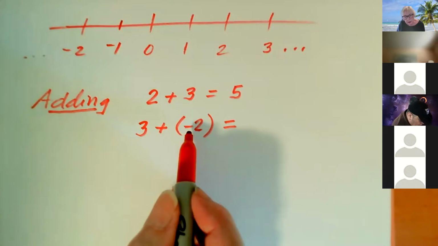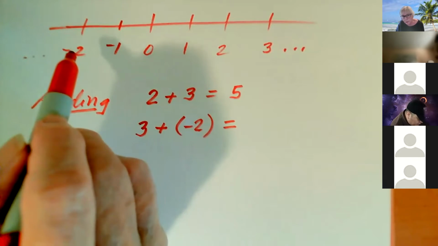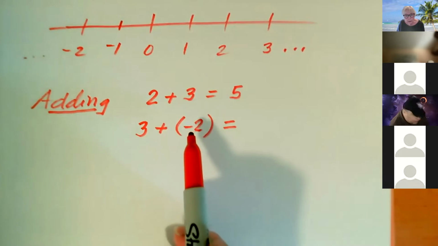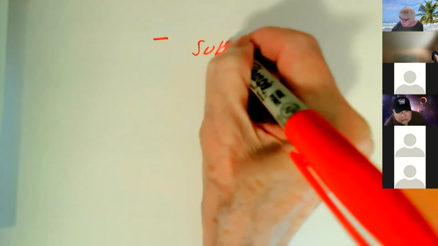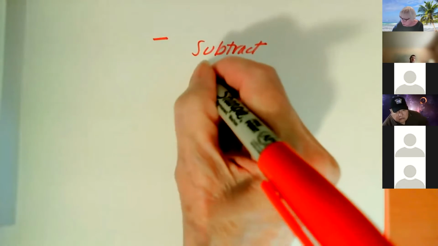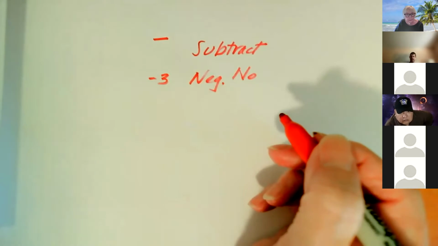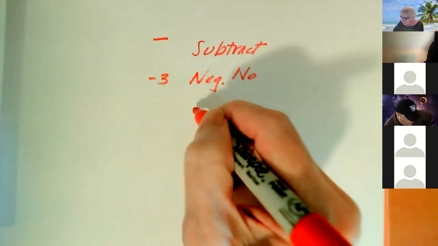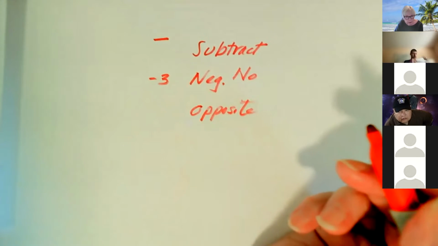When you have a negative number, and this negative sign can be a number over here, there's actually 3 possibilities for this sign. One is to mean subtract. 2 is to mean a negative number, like -3. And 3 it's used to say the opposite.